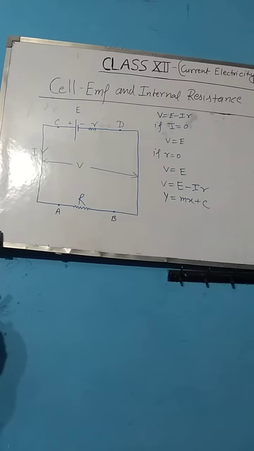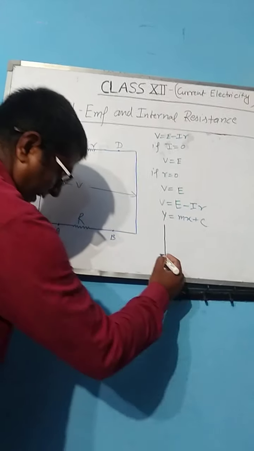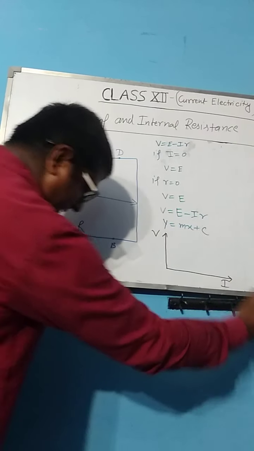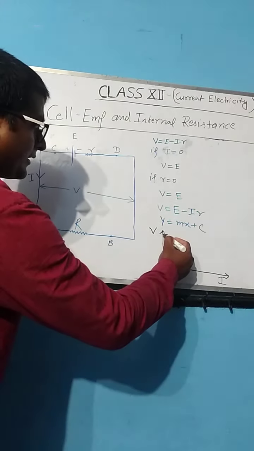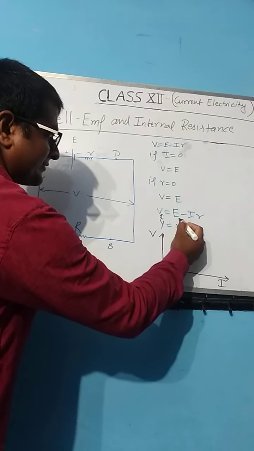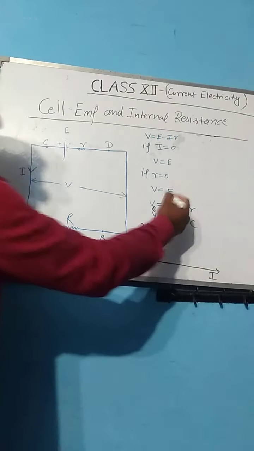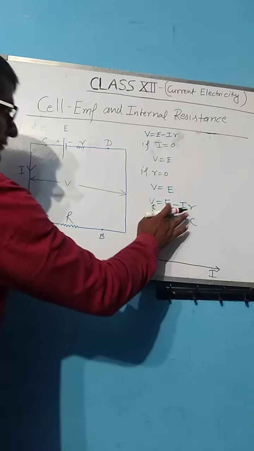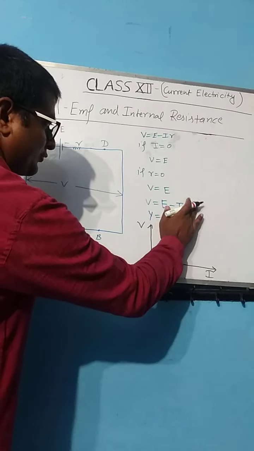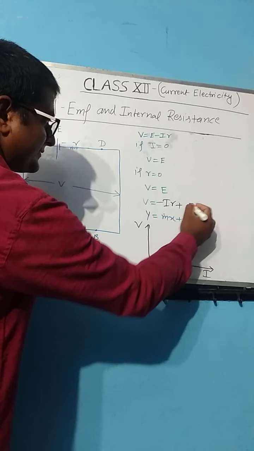So we have to draw the graph of V and I. The V and I graph will be given by y equal to mx plus c, where the slope is minus r and the intercept is E, so minus Ir plus E.